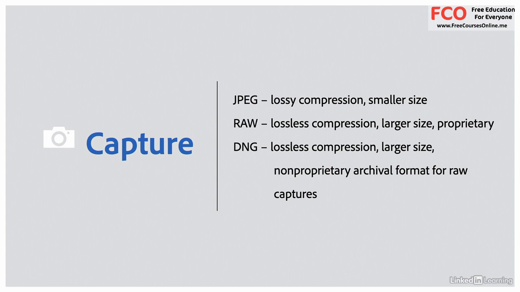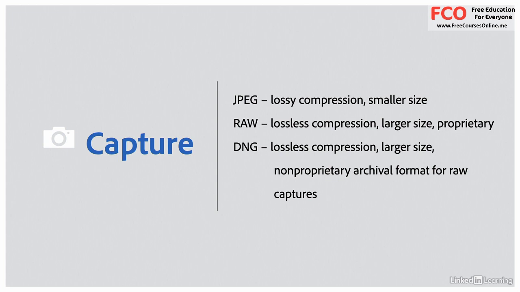So, when given the option, I would choose not to capture in a lossy compression format like JPEG, but in a RAW format instead. So, RAW is a generic term for a file format traditionally used to describe images that are captured by a digital camera and more recently by mobile devices.